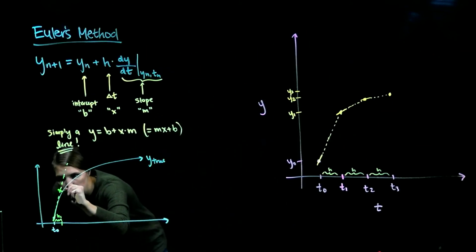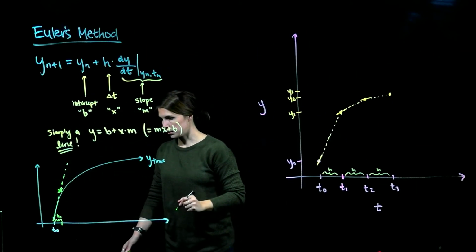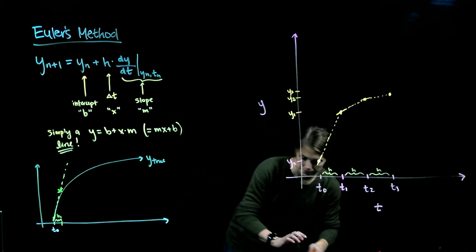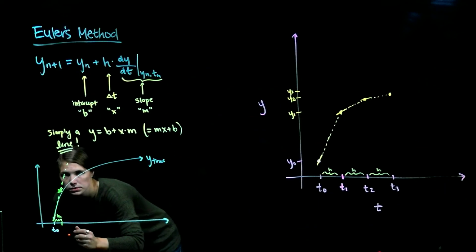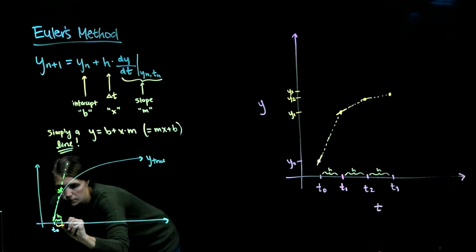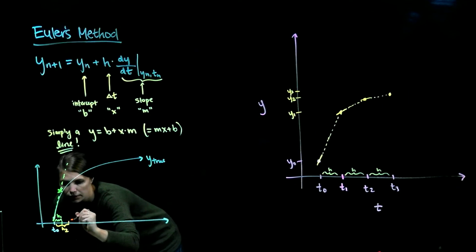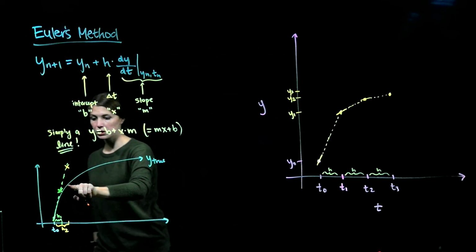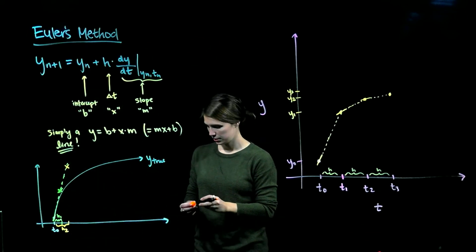I don't know how well you can see that point. Okay. But if we took a bigger h, say that's our h2 up to here. Okay, then that's pretty far off the curve, as you can see.